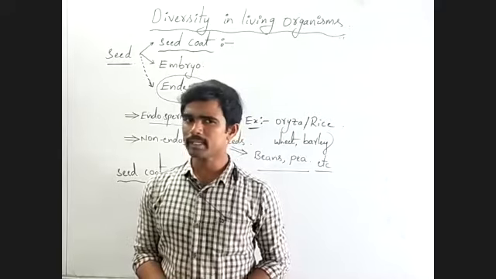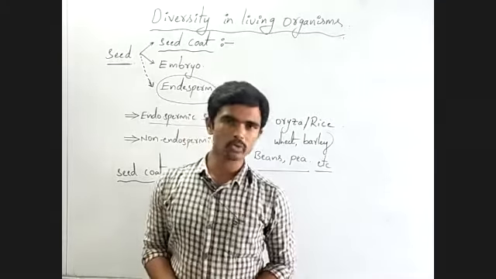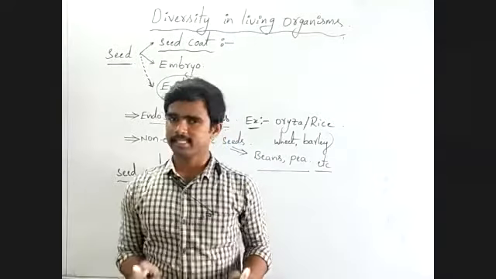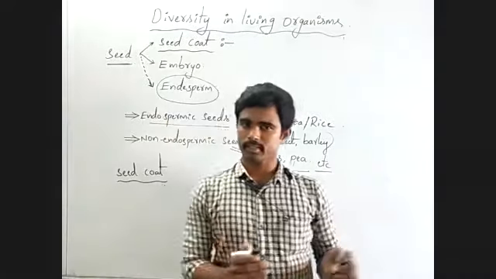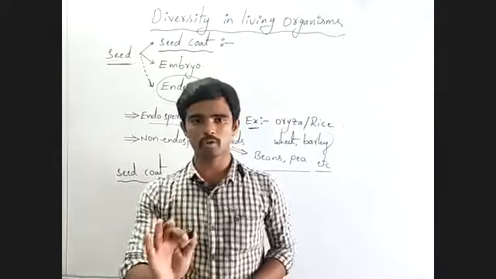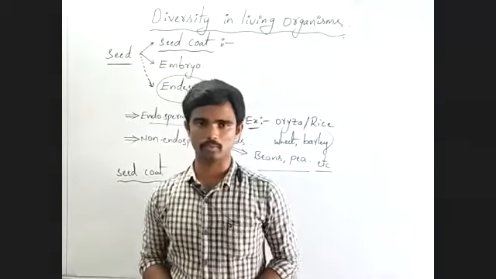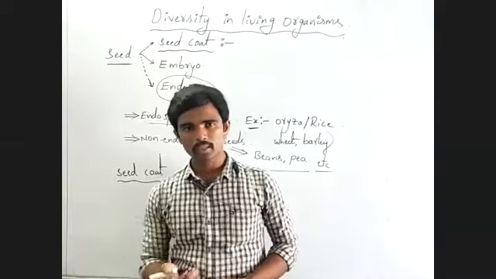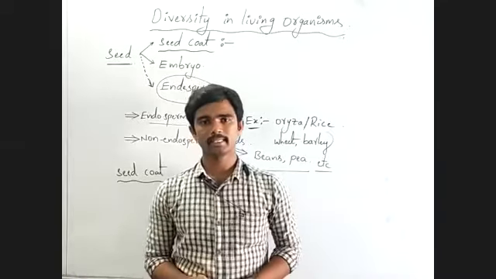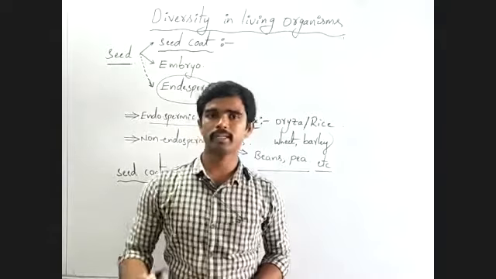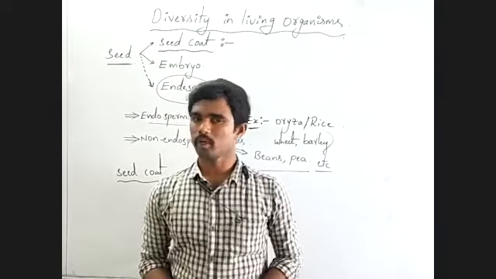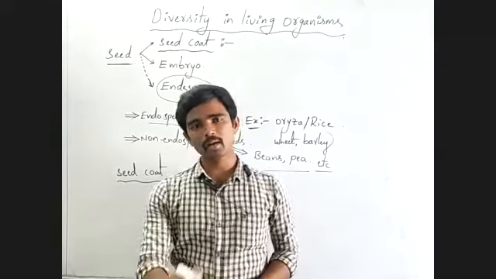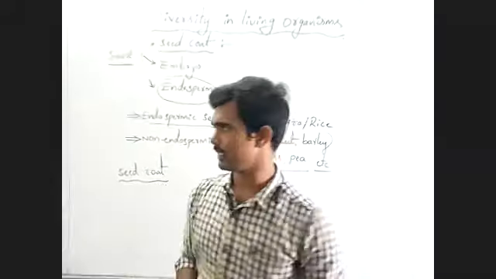How many integuments are present actually? In most plants, ovules have two integuments, but some have one integument, and some seeds have no integument. Okay, maximum ovules have two integuments.